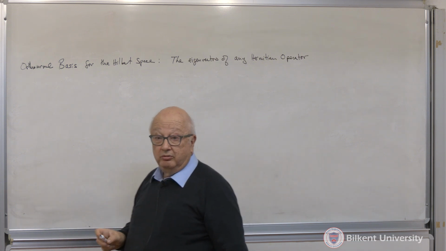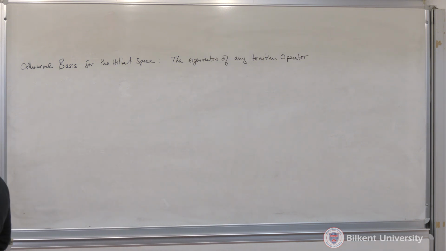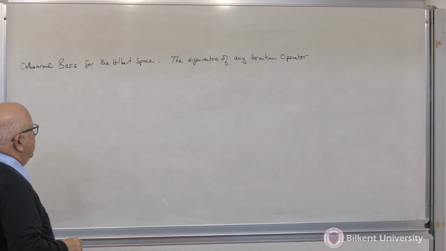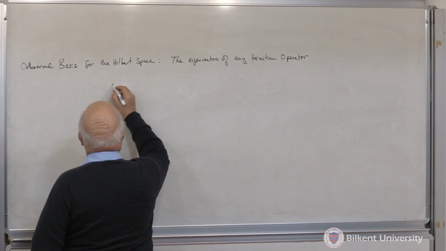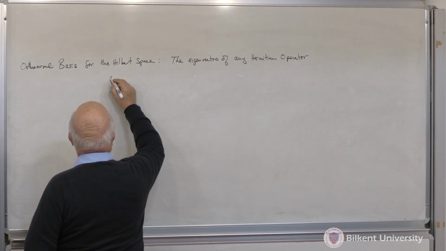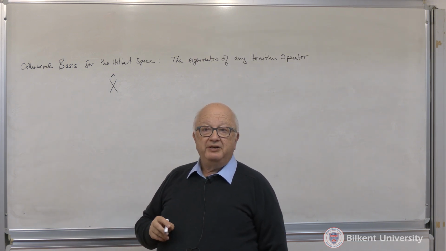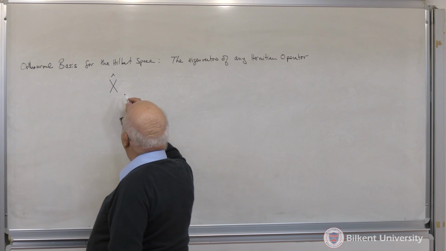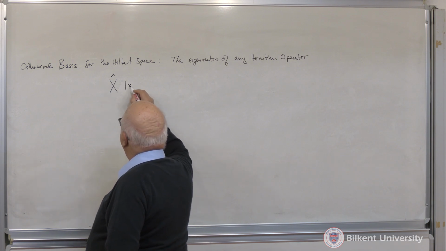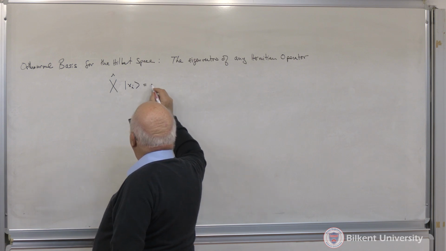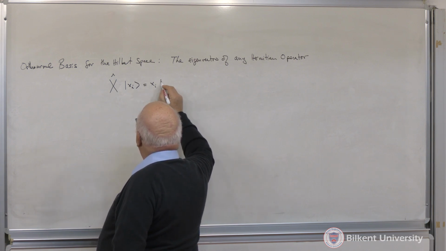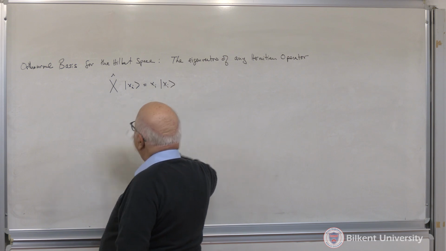So in this case, obviously we are looking at the x operator. The x operator in the space is going to have as its eigenvector, say, some xi, which will give me xi times xi itself.